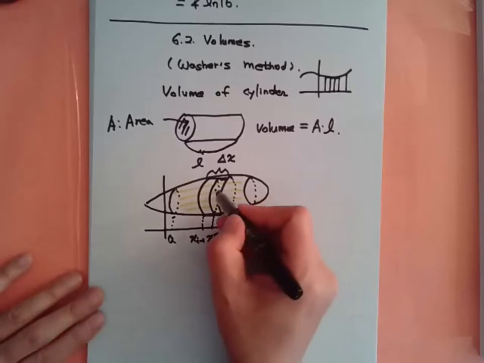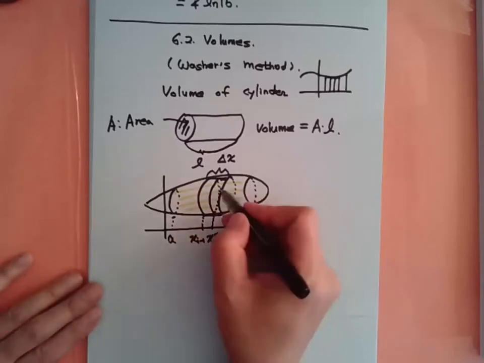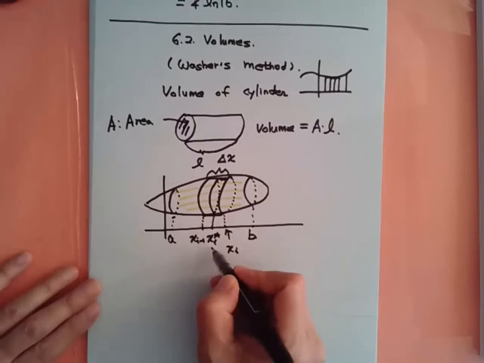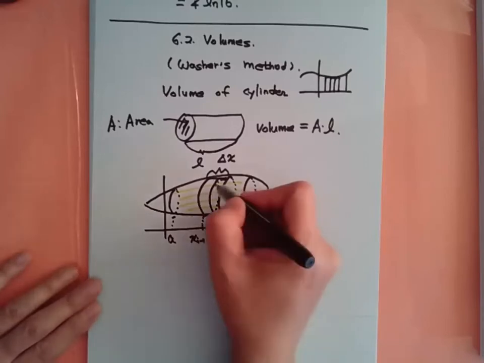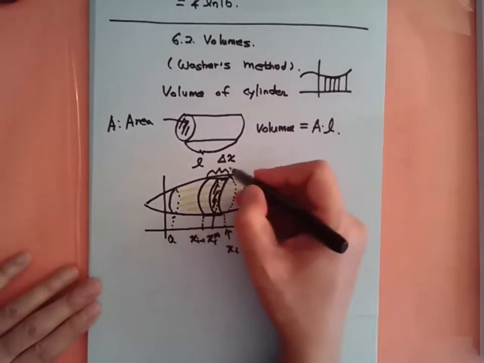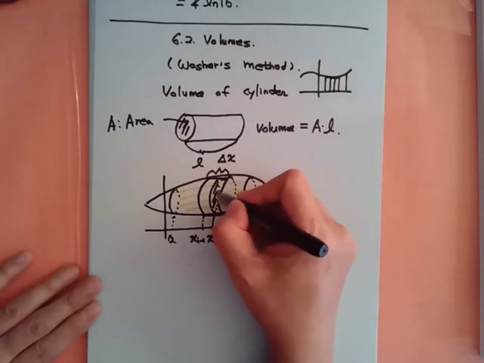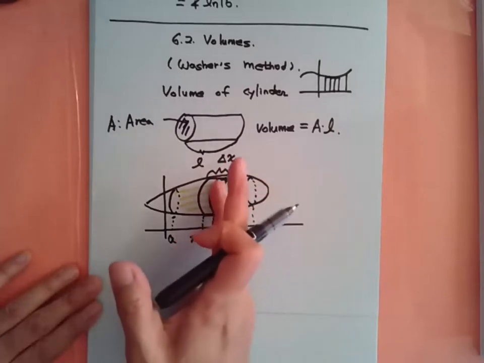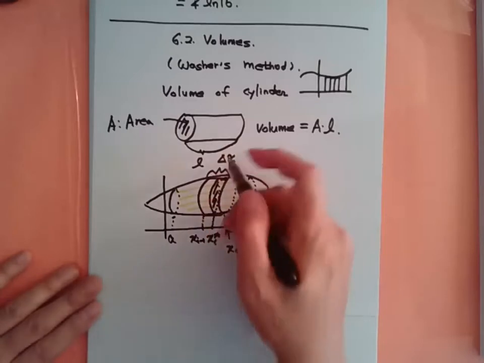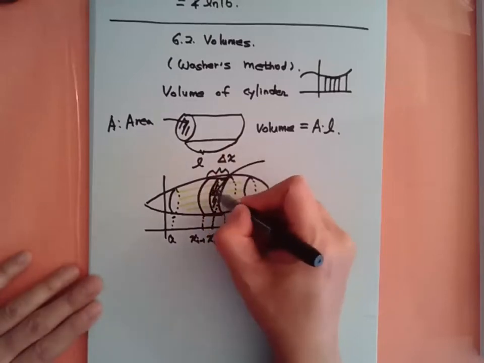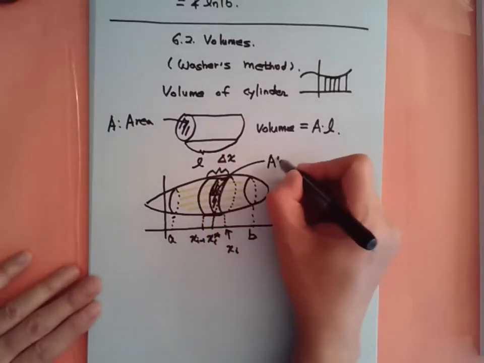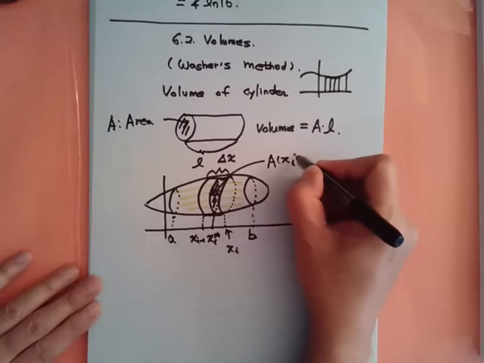When we focus on this cylinder, at xi star, this part has an area. Let's denote that as A of xi star.